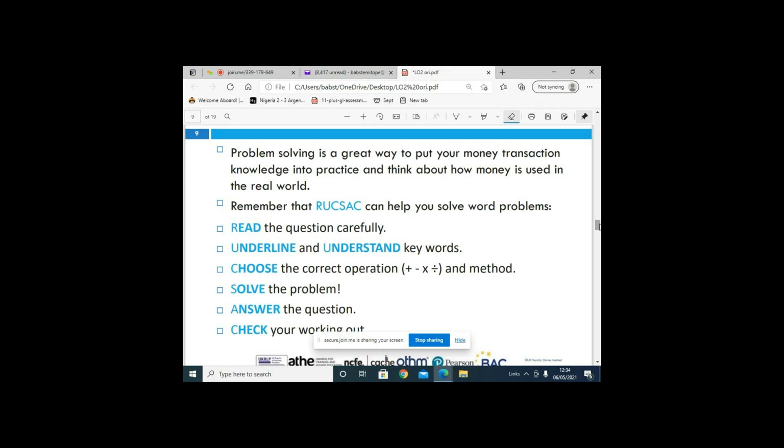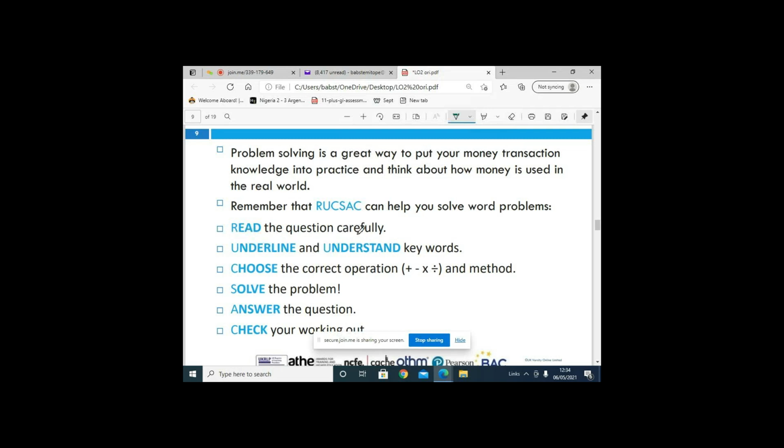So there's this thing I devised that you can use when you want to solve questions with word problems. Remember this now. They call it the RUCSAC. So the RUCSAC means what?